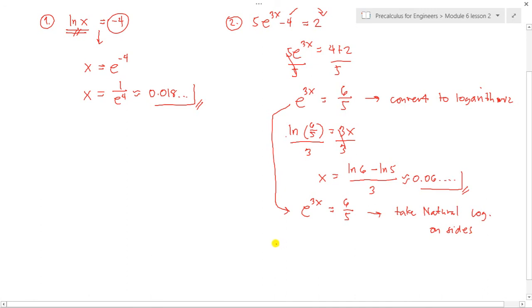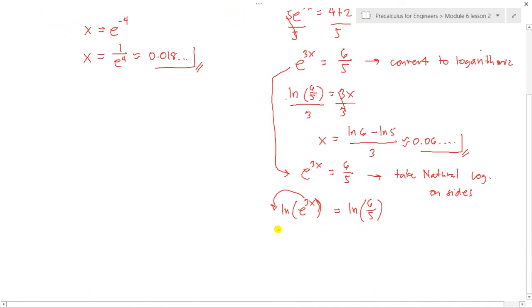So applying that, we have ln of e raised to 3x is equal to ln of 6 over 5. Now, applying the properties of the natural logarithm, the exponent can be brought down. So we have 3x ln of e is equal to ln of 6 over 5.